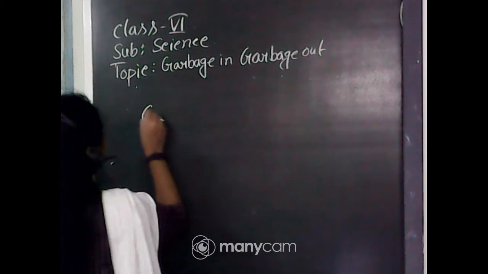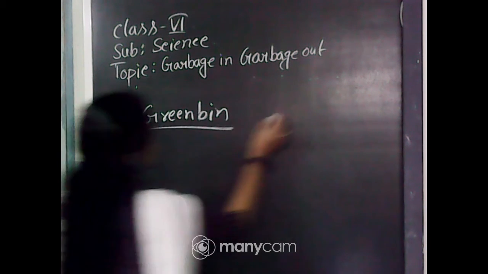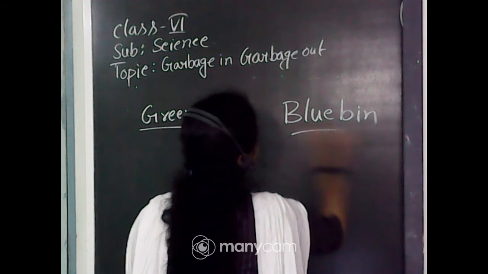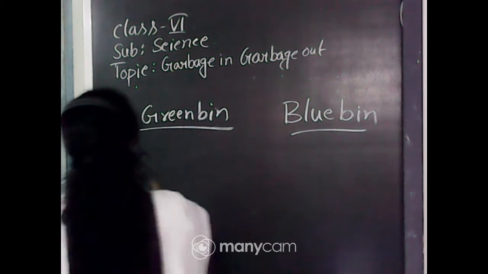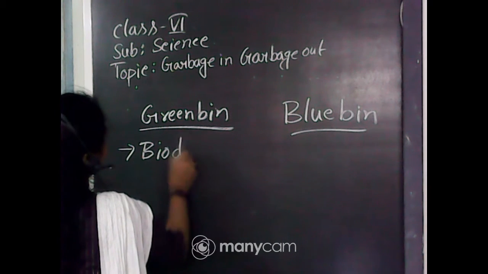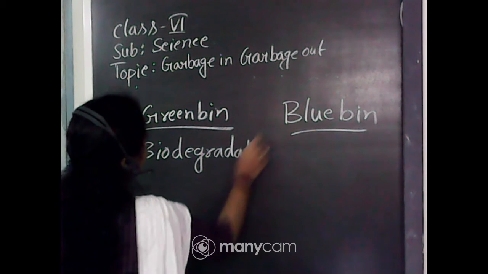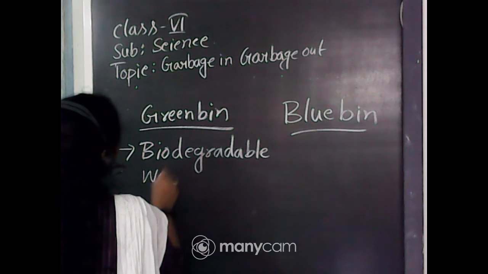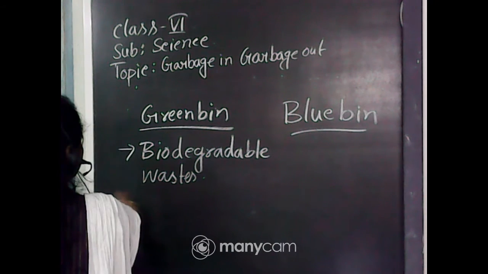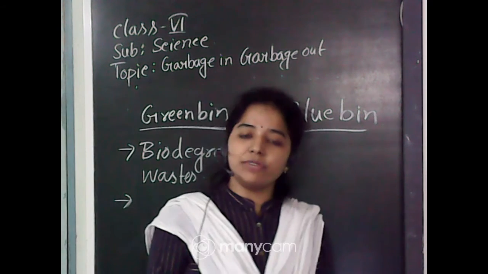So here you know the green bin, and another is the blue bin. Now the green bin is mainly used for biodegradable wastes. Now you can easily tell what the biodegradable wastes are, including kitchen waste.